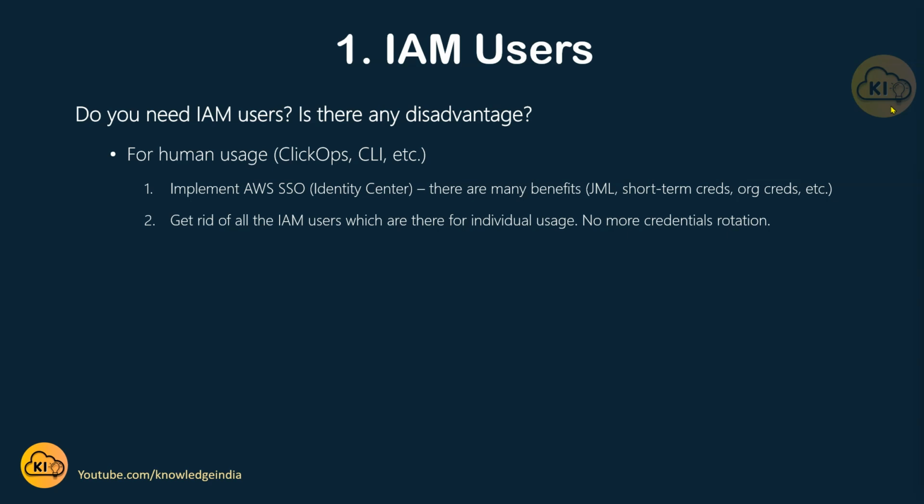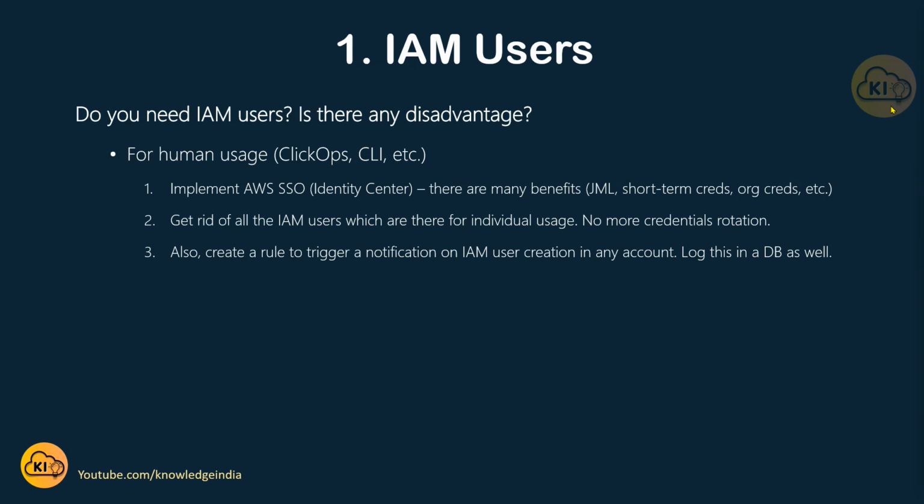And with those SSO users, there's no need of credential rotation because there are no long-term credentials, isn't it? What you can also do, as an additional step, is go ahead and create a rule in your AWS accounts which will trigger a notification. You can set up a CloudWatch event rule or EventBridge rule, and this will trigger a notification every time an IAM user gets created.